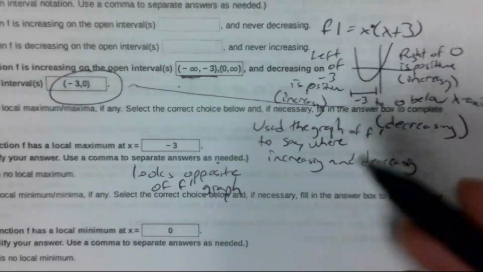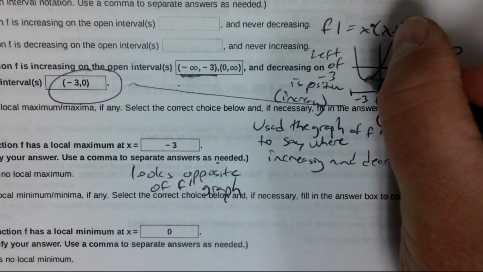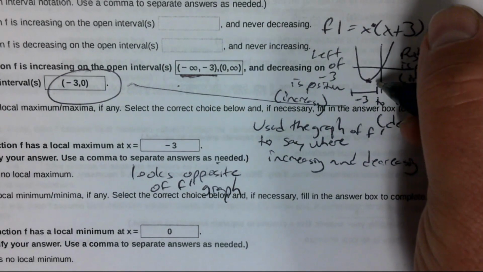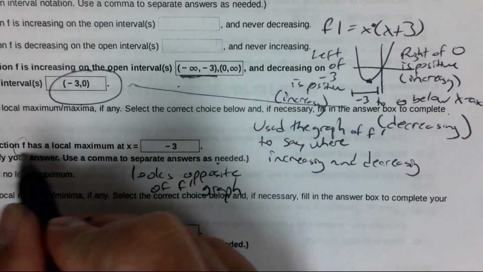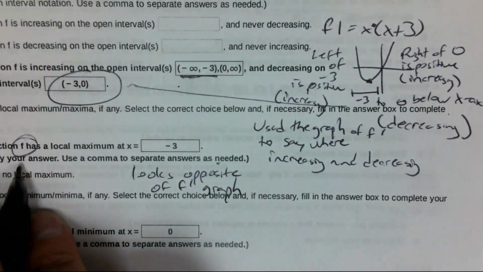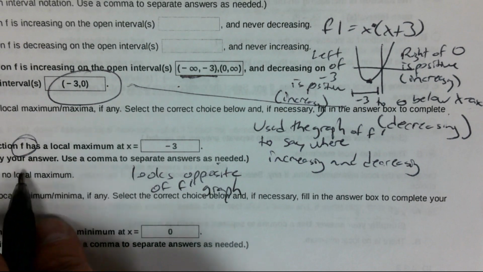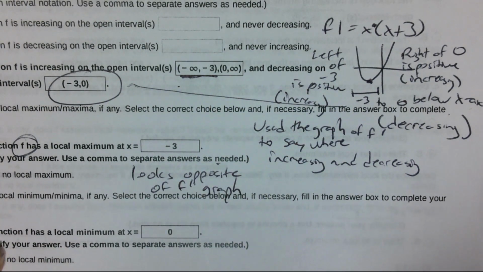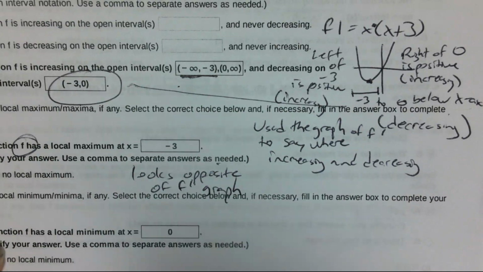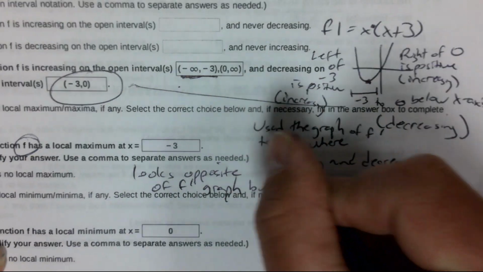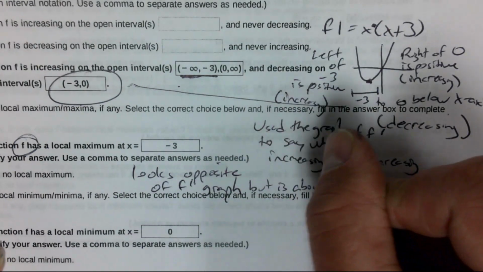Since if you're at negative 3, it's like down here, which you would think is the minimum, but it's talking about the function, not the f prime. So let's think a little bit more about this, because it does look like the opposite of the f prime graph, but it is about the f graph.